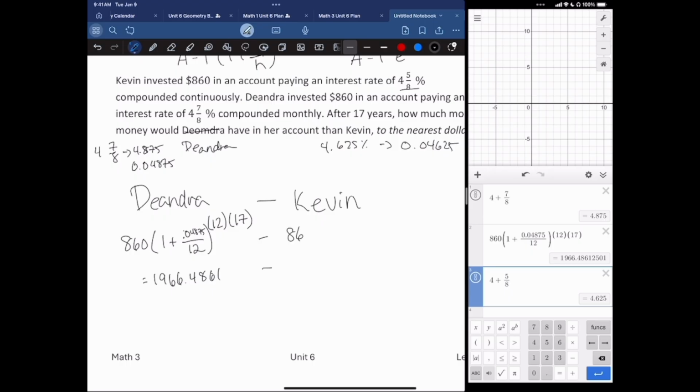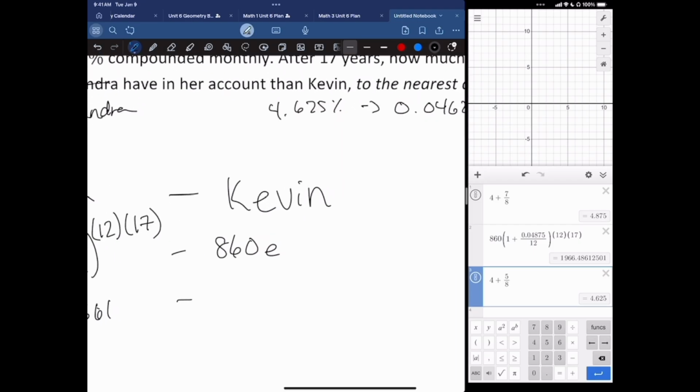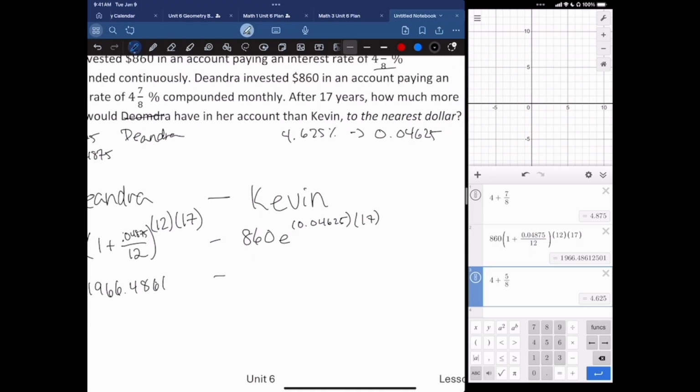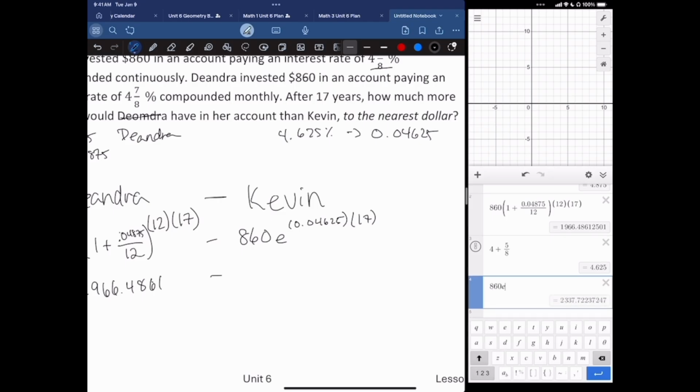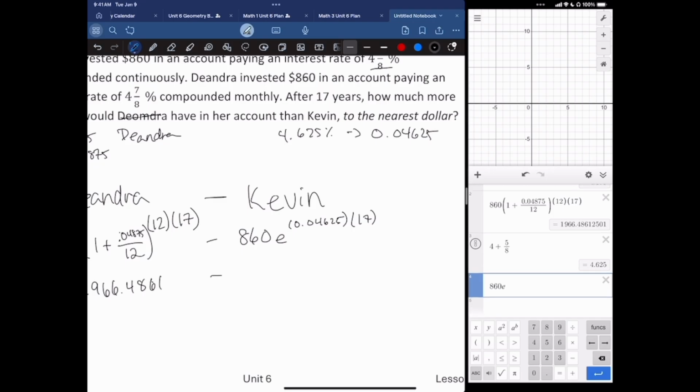We have 860 times E, raised to the 0.04625 times 17.